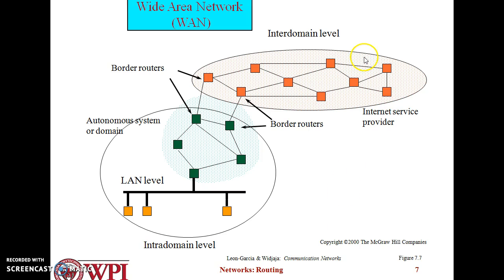In case of the wide area network, the interdomain level is connected to the internet service provider, border router, autonomous system or domain. These are the LAN level, which is called the intradomain level.